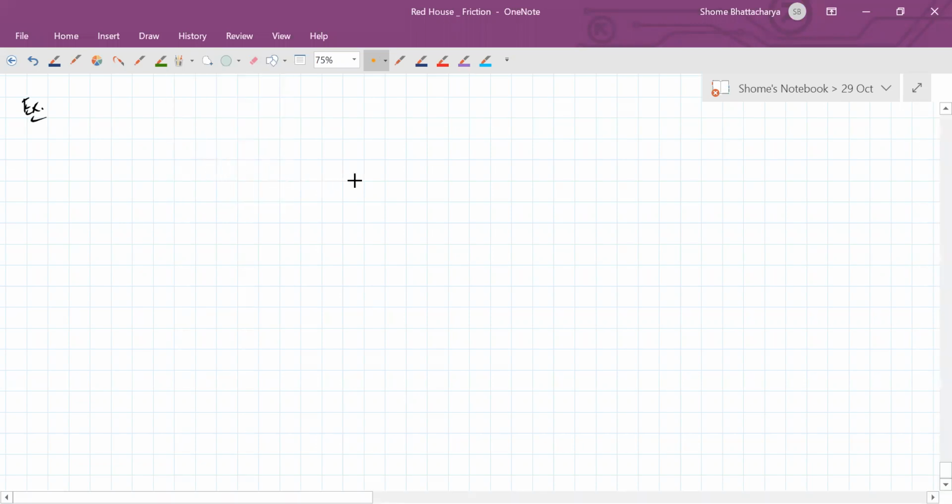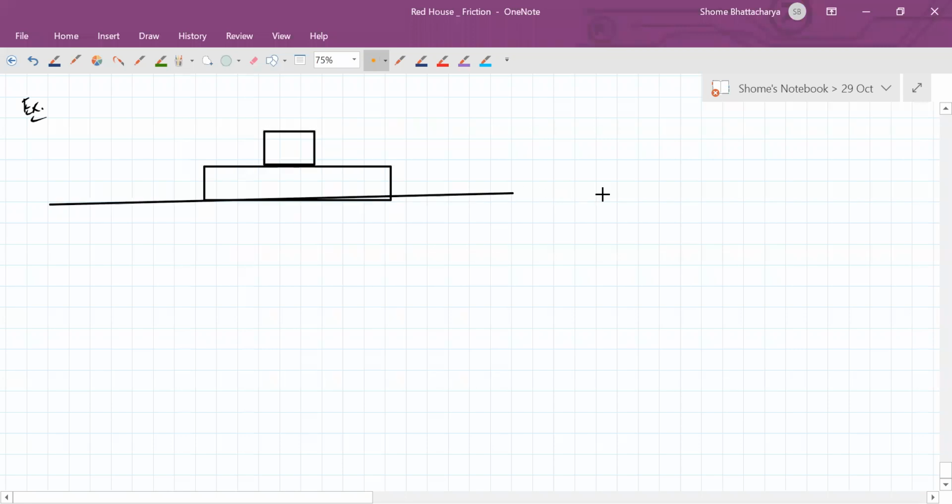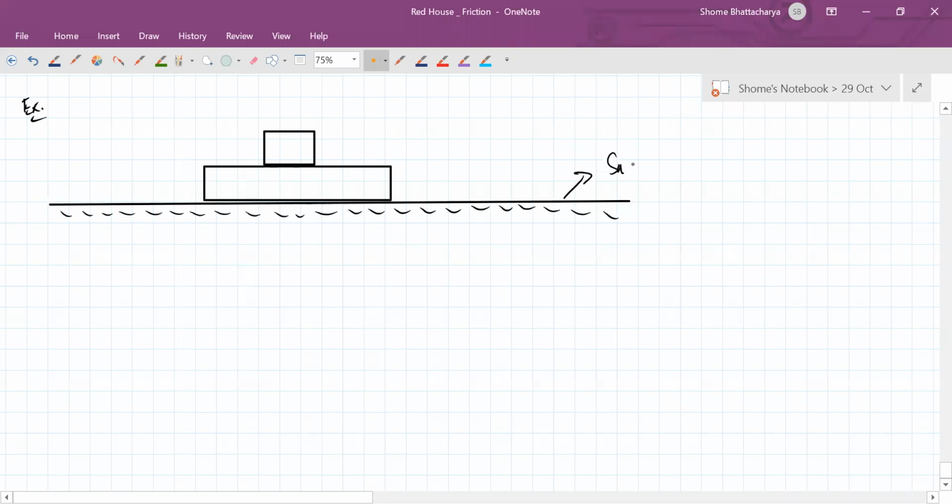Now we come to the more interesting situation of two block problems. Okay. You will eventually see three block problems also. Now just to make the first version of this simpler, we will take the ground as smooth.